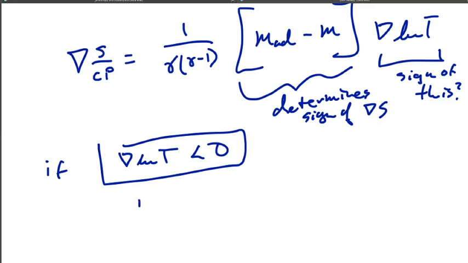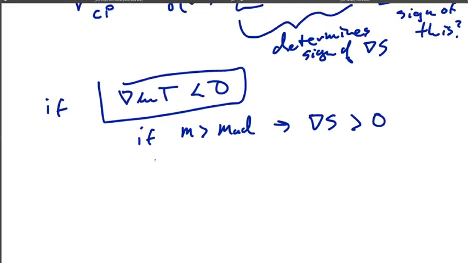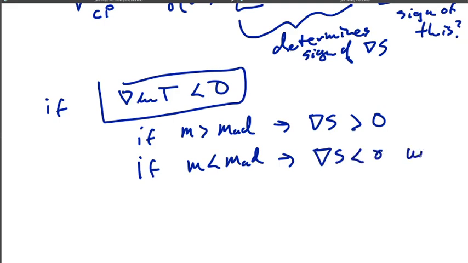If m is greater than m adiabatic, then that's a minus signed term, and then it hits the minus sign of grad log T, and the entropy gradient is a greater than 0 quantity. This is stable. If, however, when the temperature gradient is negative, m is less than m adiabatic, then grad s is less than 0, and it's unstable.